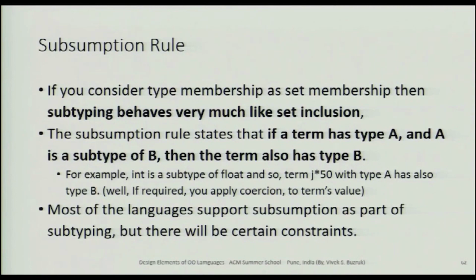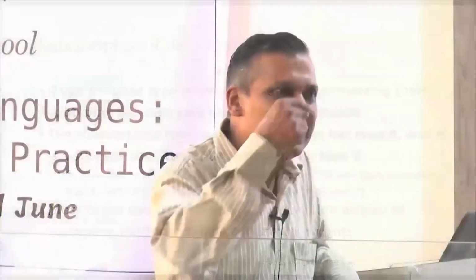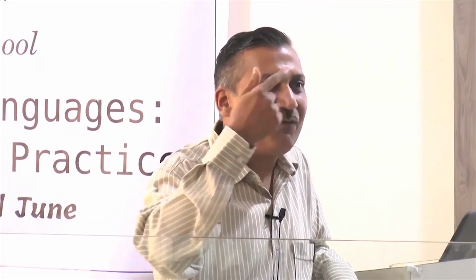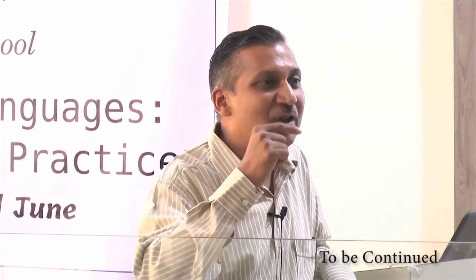If a term has a type A and that A is a subtype of B, then the term also has type B. That means array of savings is also array of accounts, but this is applicable in certain cases, not always. Let me repeat it: whenever I have an operation which operates on array of accounts or array of savings, let us take array of savings, then I can apply the same function for array of accounts also.